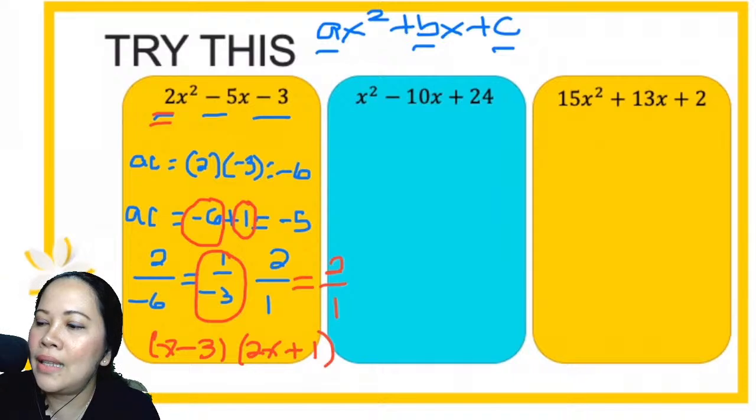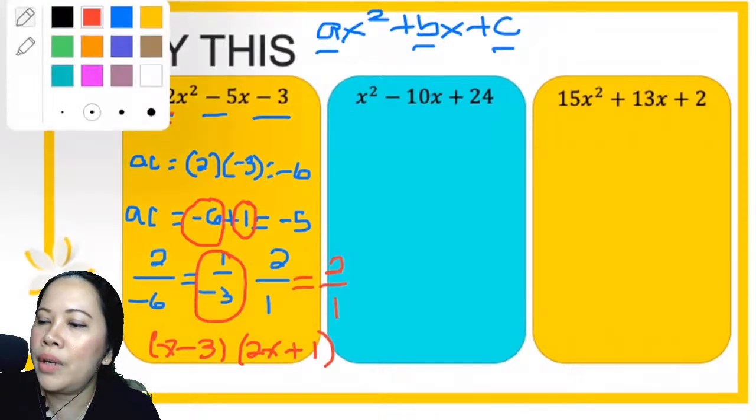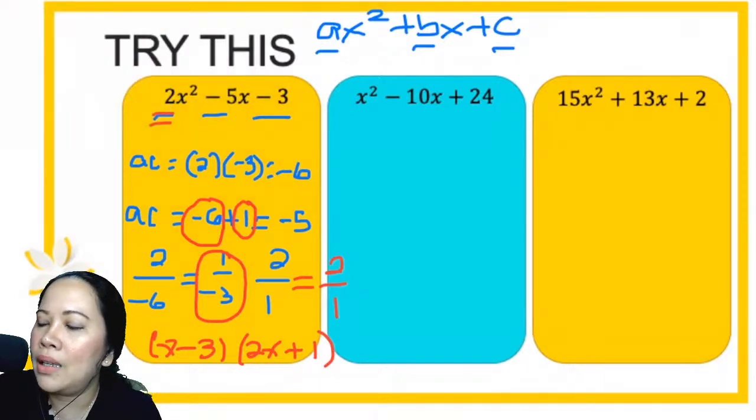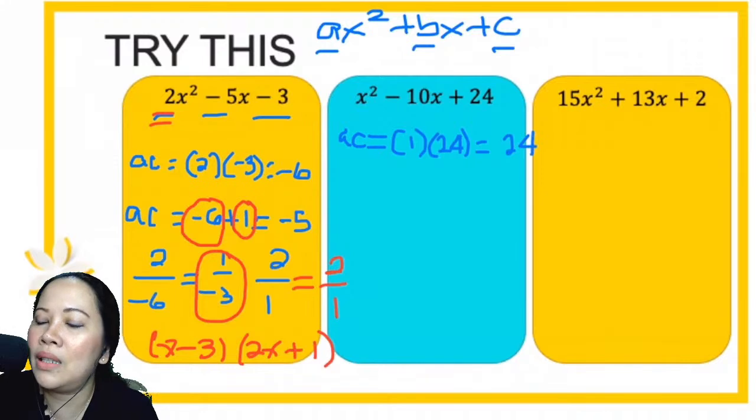So this is AC. I hope you're getting it, Ma Blanca. So first step is AC. So A is 1, C is 24. Okay, so 1 times 24 is 24, positive 24. And then you find the factors of 24 that will give you a negative 10.